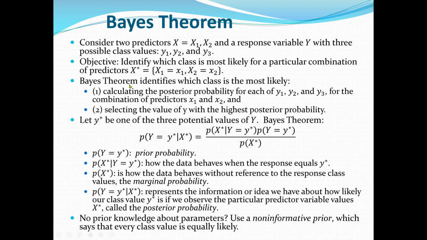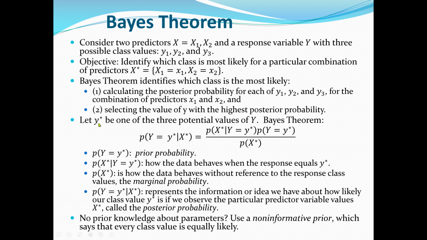Bayes' theorem will identify which class is the most likely by calculating the posterior probability for each of Y1, Y2, and Y3, for the combination of the predictors X1 and X2, and secondly, selecting the value of Y with the highest posterior probability.